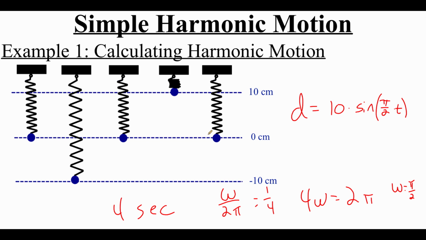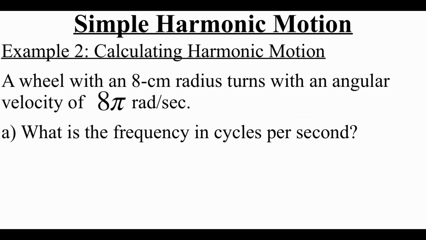Now in this example, we're taking a look at a wheel that has an 8 centimeter radius, and it turns with an angular velocity of 8 pi radians per second. The first thing we want to figure out is the frequency in cycles per second. The first thing I want you to think about is making one full rotation around, but in terms of radians.